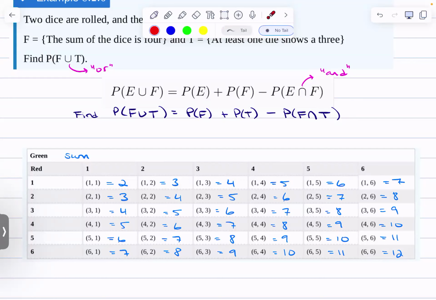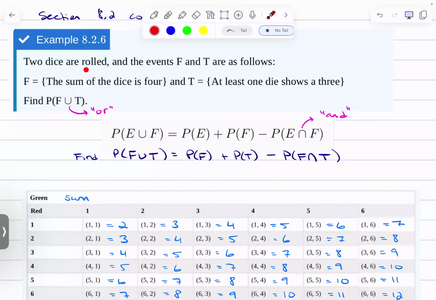So if we want to find the probability of F or T, we need all of these three probabilities, and we can find them. And I've pasted the results of two dice being thrown, right? So two dice are rolled, and we're talking about the sum of the dice and what the die, at least one die shows a 3.